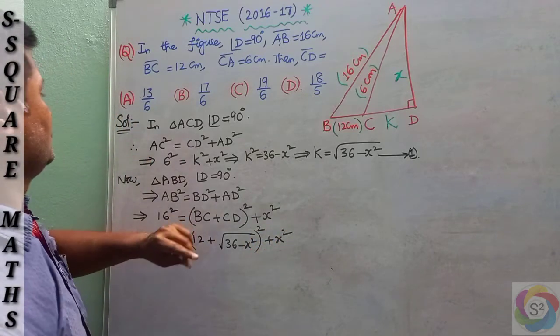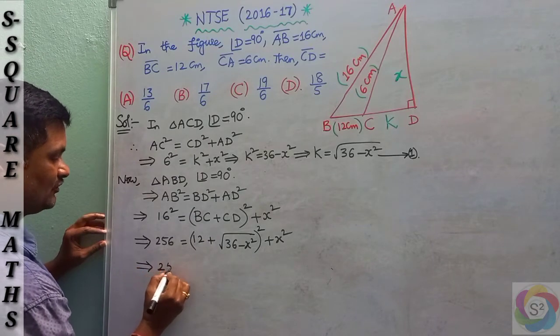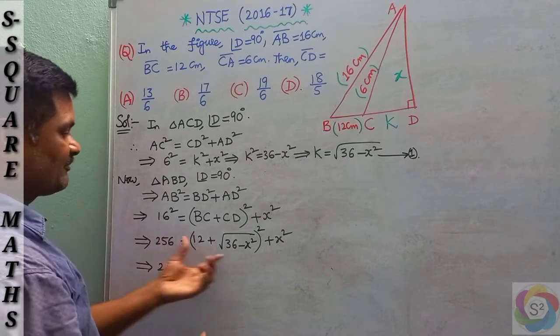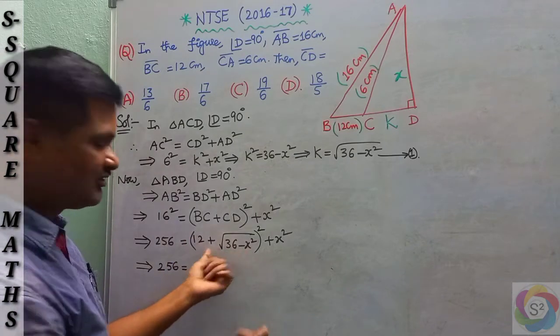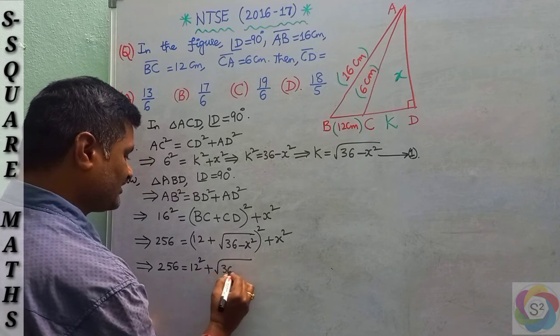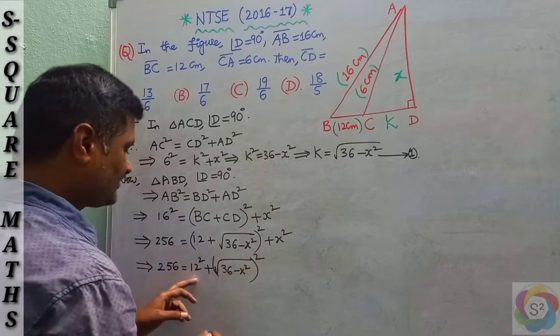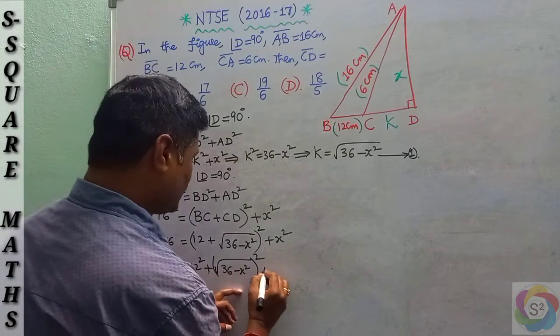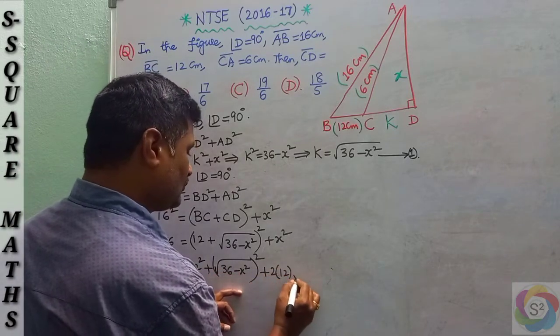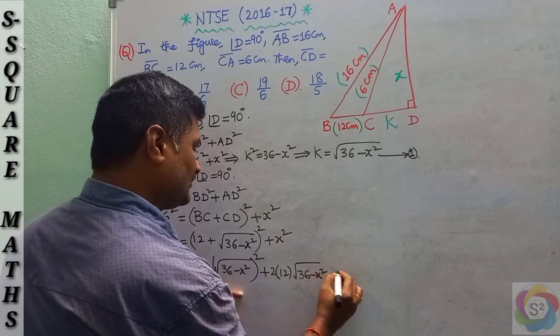Next, expand in the form of A plus B whole square: A square plus B square plus 2AB. That is 12 square plus root of 36 minus X square the whole square plus 2 into 12 into root of 36 minus X square plus X square.